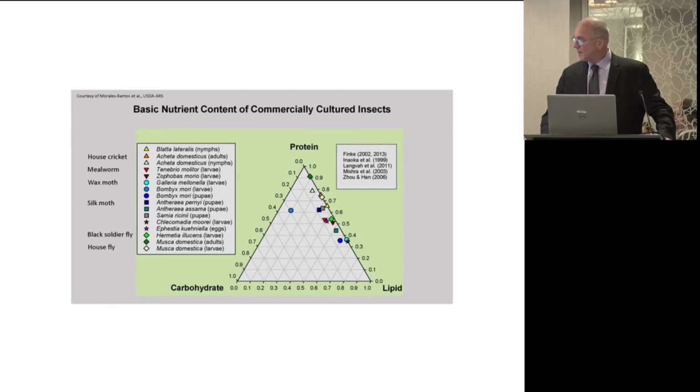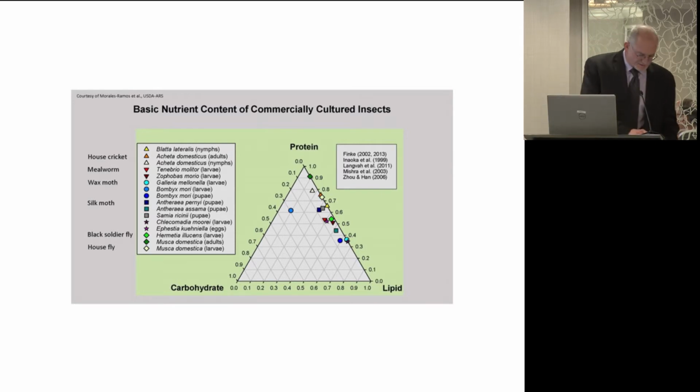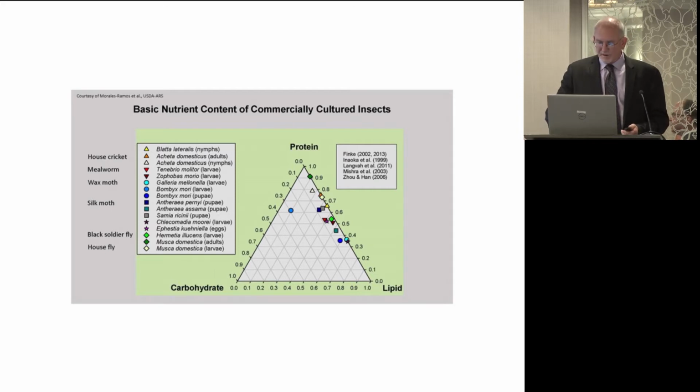As you can see over here on the right-hand side, this is where most of them cluster. They're fairly decent sources of protein, and they have a fair amount of lipid in them. So it's pointed out that it's a great source of protein. We can utilize them down the line.